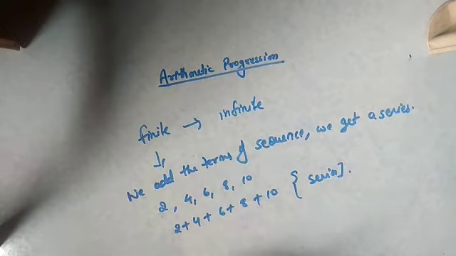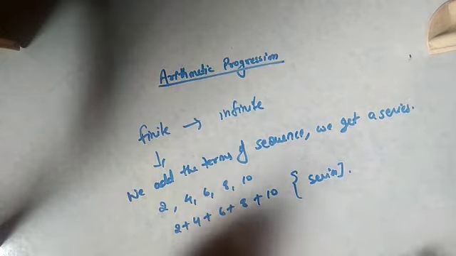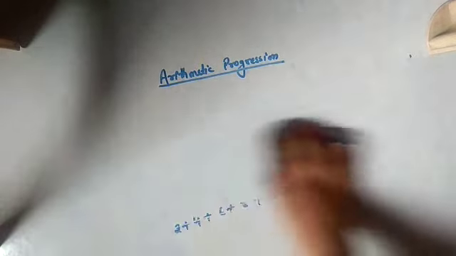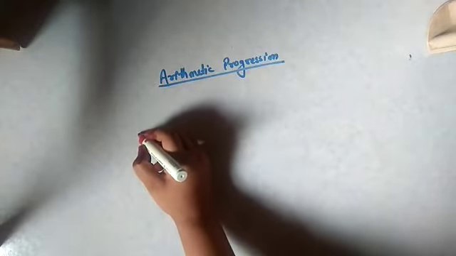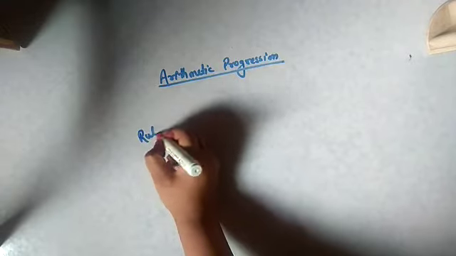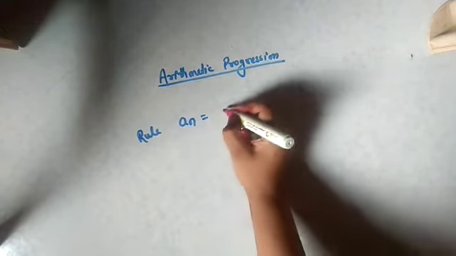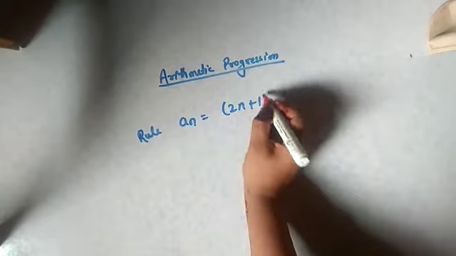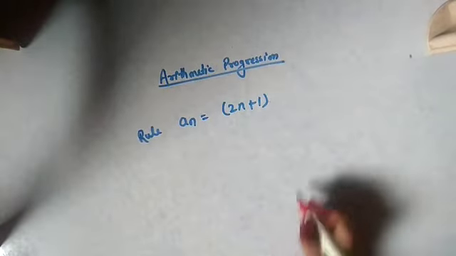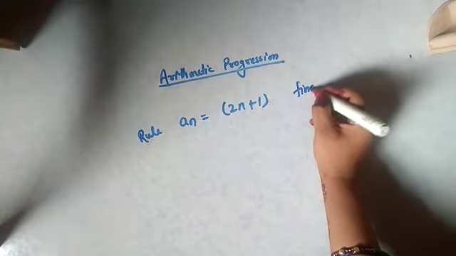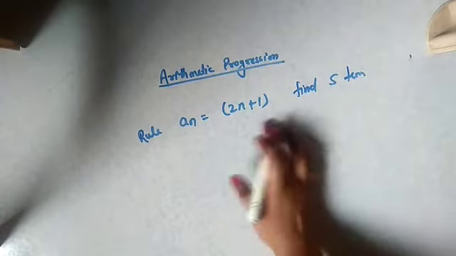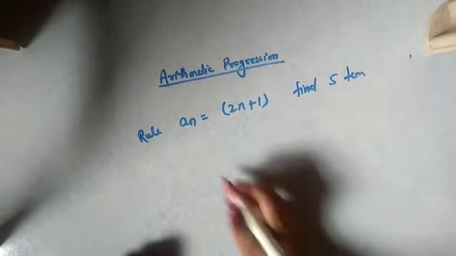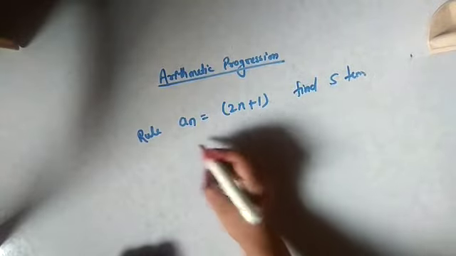Okay, now let us discuss some examples based on this nth term. See, suppose it is given that a sequence is given by a rule an equals 2n plus 1, and the question is find the first 5 terms of this sequence. So now what we will do, an is given 2n plus 1.